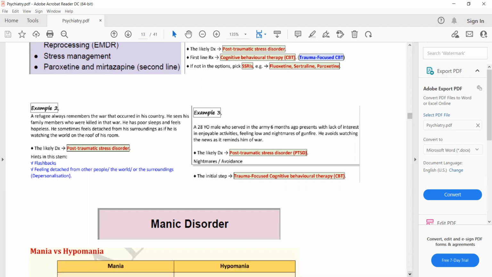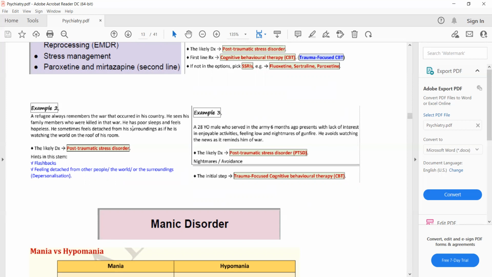Another example is a refugee who always remembers the war that occurred in his country. He sees his family members who were killed in that war. He has poor sleep and feels hopeless.